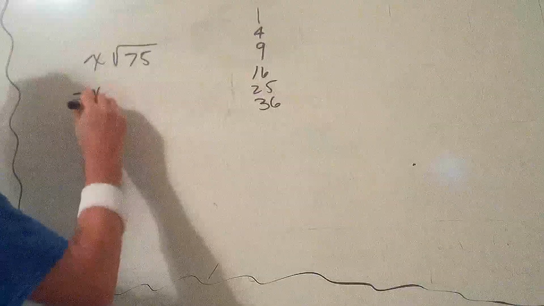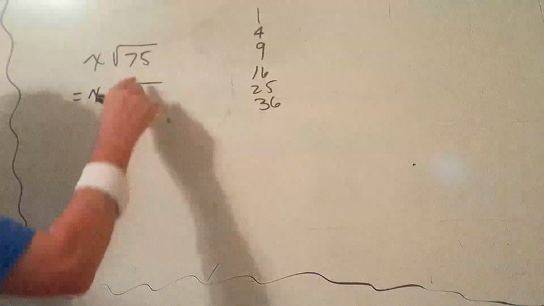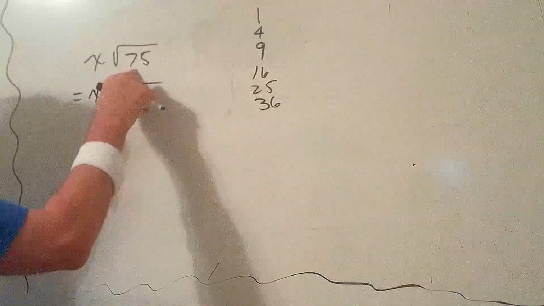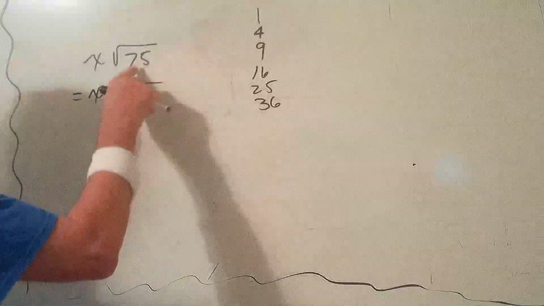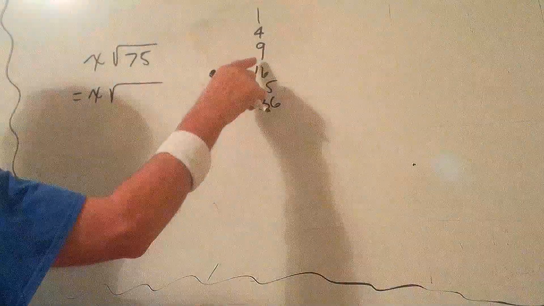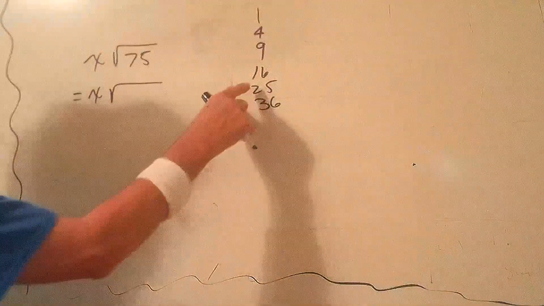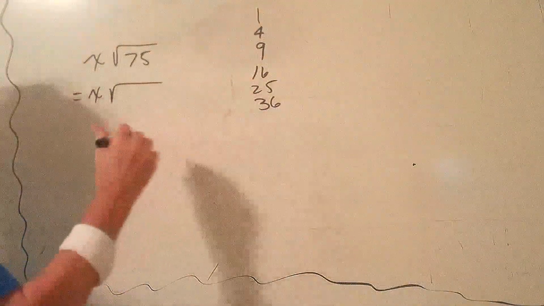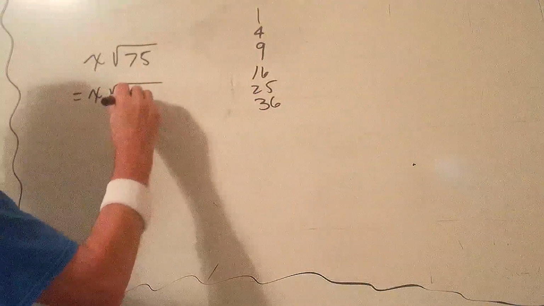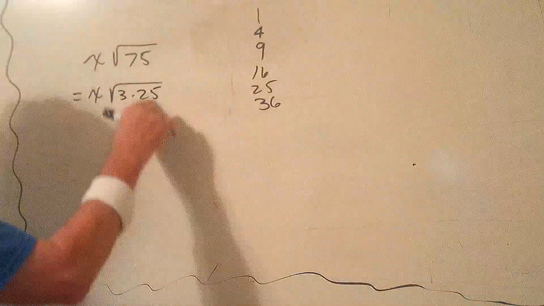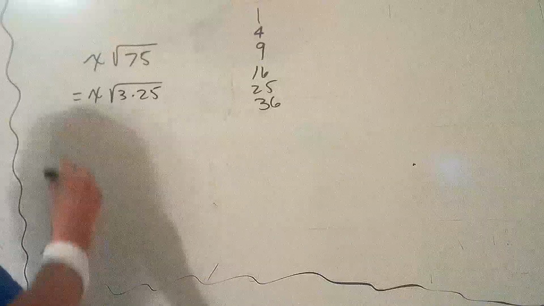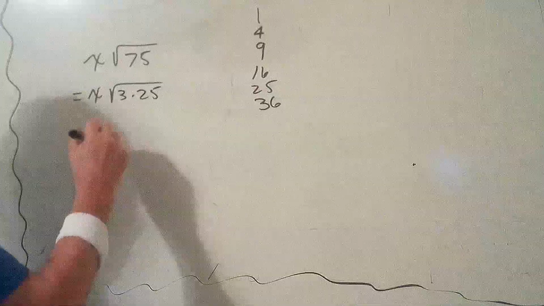This is going to equal x times the square root of, will 2 go into 75? No. Will 4 go into 75? No. Will 9 go into 75? No. 16? No. 25? Yes. 75. So it's 3 times 25. 3 times 25 is 75. Now, so what does this equal?